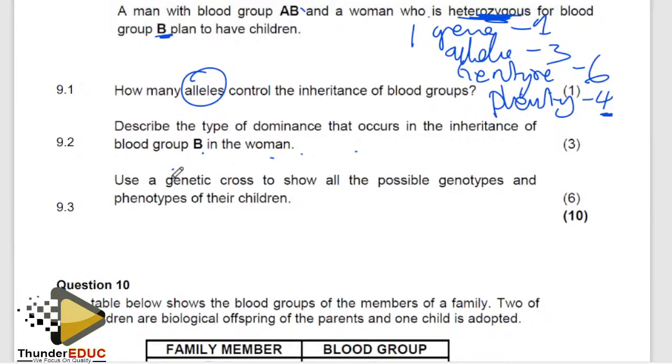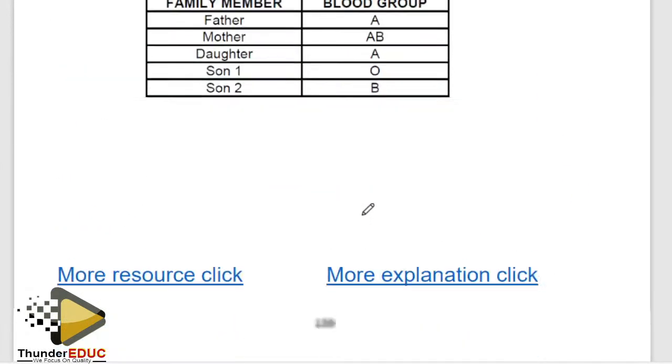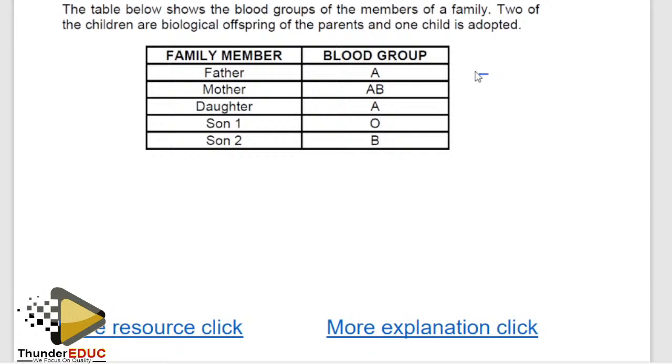Use the genetic cross to show the possible genotypes and phenotypes of their children. This principle works for all of them. Start with P1, F1. Please, F1.